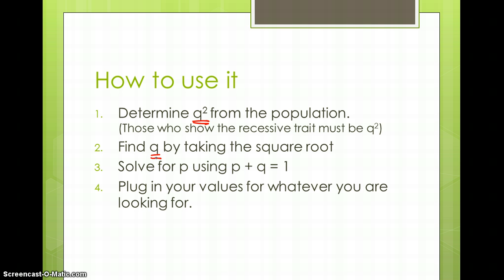If we know Q, then we can solve for P, because if we plug in whatever we have for Q here, it would just be 1 minus Q to equal P. And then if we know P and Q, we can solve for the rest, because remember, it was just P squared plus 2PQ plus Q squared equals 1.